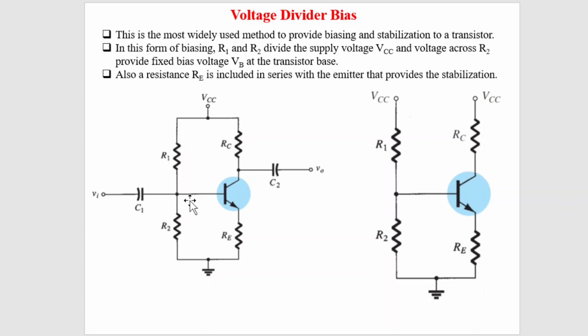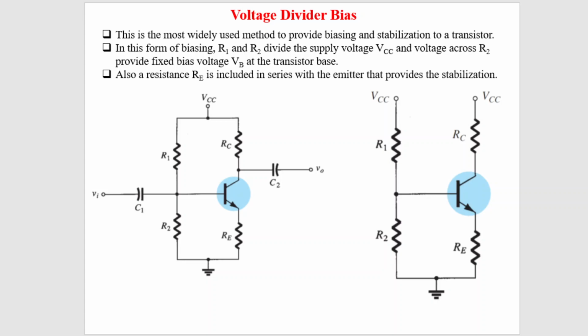We solved a couple of numerical problems on this technique, showing how the collector current and collector emitter voltage are insensitive to change in beta, and how the stability is improved.